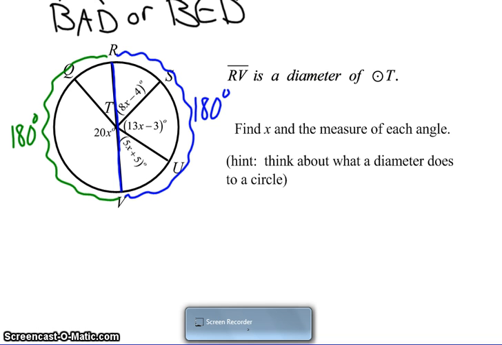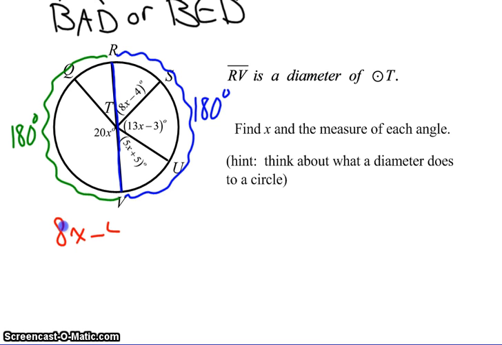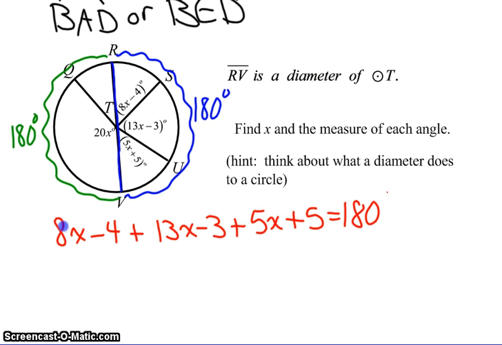Each of those arcs equals the degree measure that's marked in the angle. And we know that the entire arc is 180 degrees. Therefore, I know that 8x minus 4 plus 13x minus 3 plus 5x plus 5 equals 180 degrees.